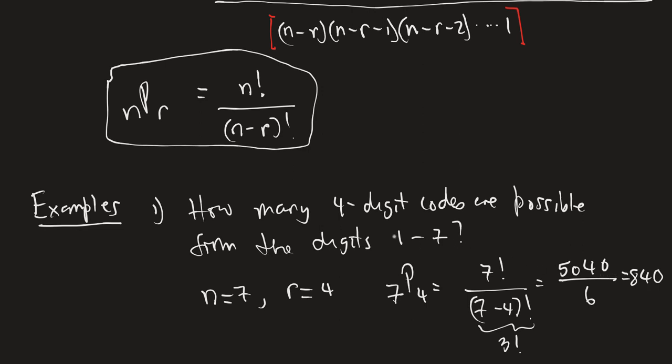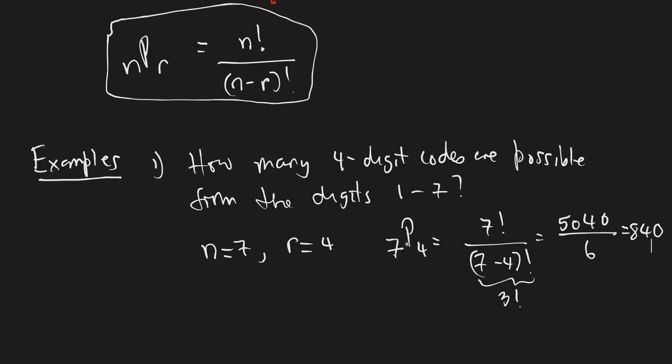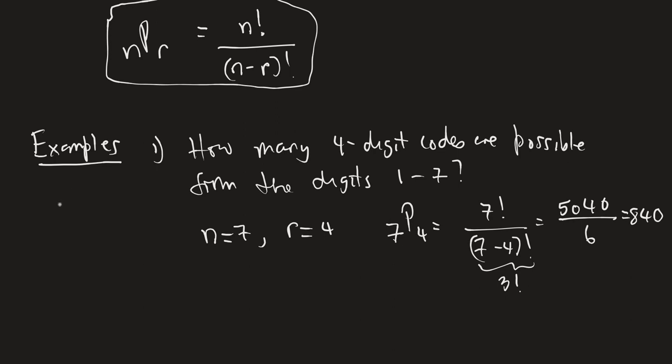Instead of having to choose from just 7 digits, maybe 10 digits will make it a lot safer. And in fact, that is the case. So I'll leave it for you to try on your own: compute 10P4, still 4, and see how that compares to this number, to see how many more possible codes can be formed, right?